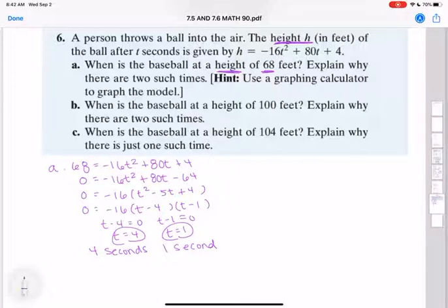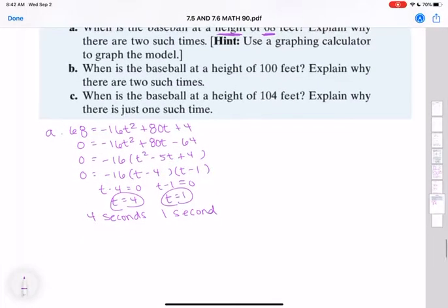Second part of question A says explain why there are 2 such times. Why do you think there are 2 times? You throw the ball up in the air and it hits 68 feet. Why is it hitting it 2 different times? Usually in class, I kind of mime this so it's easier to see. Here on my iPad, maybe I'll draw a little picture. So here's me.